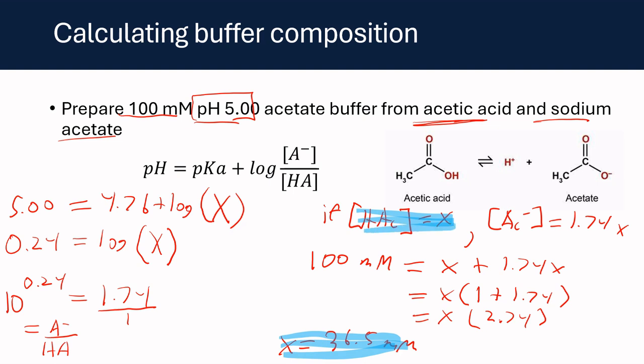Acetate is 1.74 times that amount, times X. Just put into your calculators 36.5 times 1.74, and the answer is 63.5 millimolar.